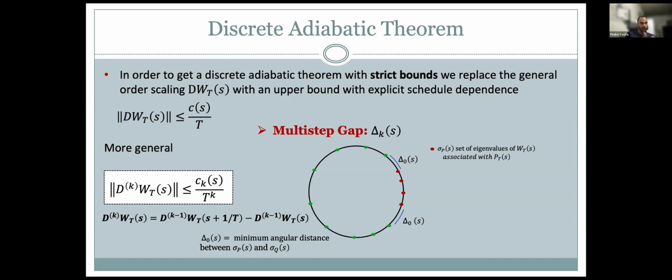You come up with a more general way to get these strict upper bounds, considering high orders of the difference of the walk operator. You can think of this as a finite difference of your unitary operator.